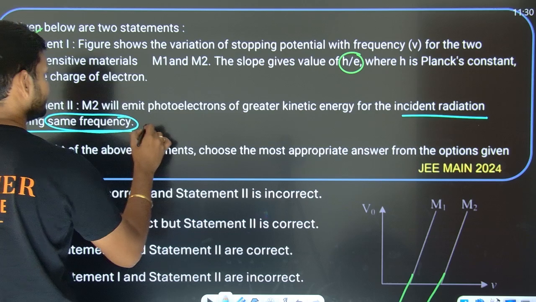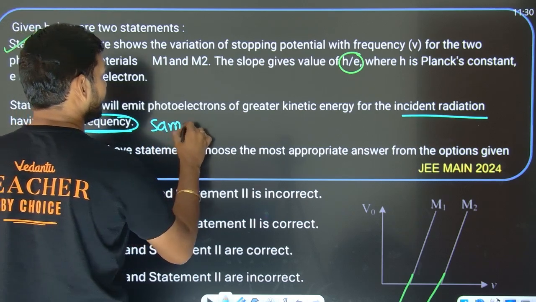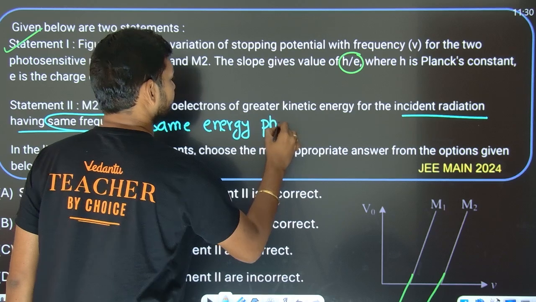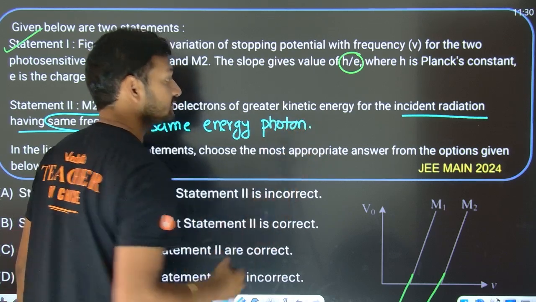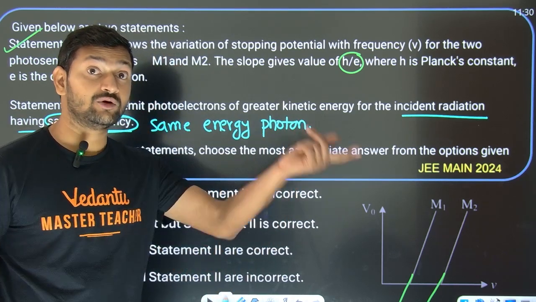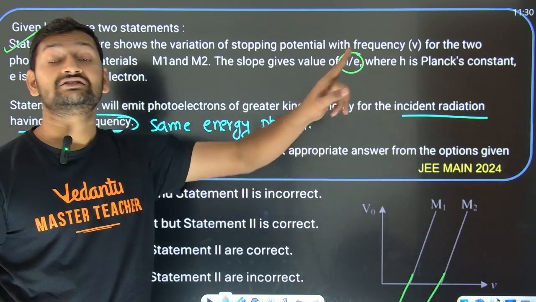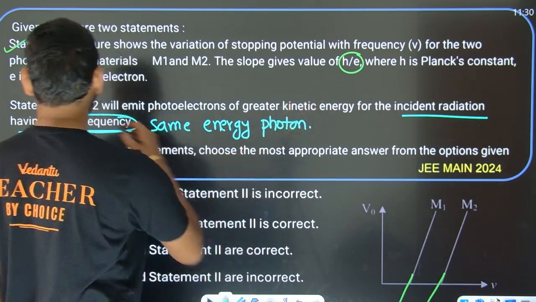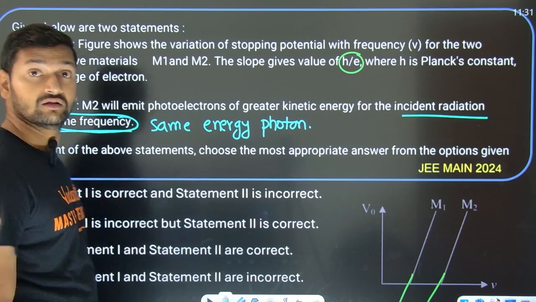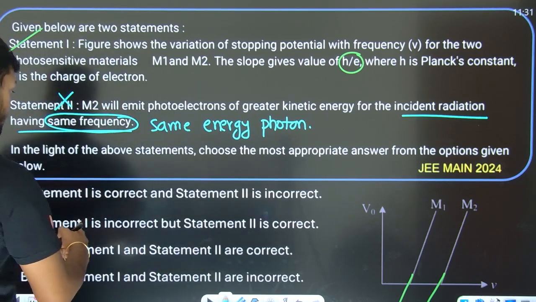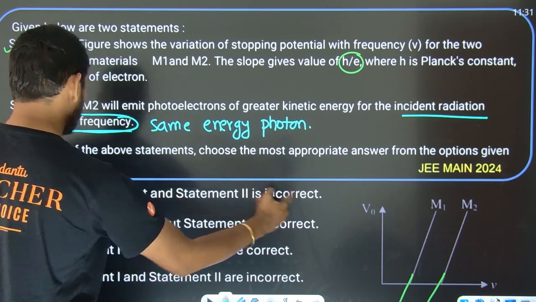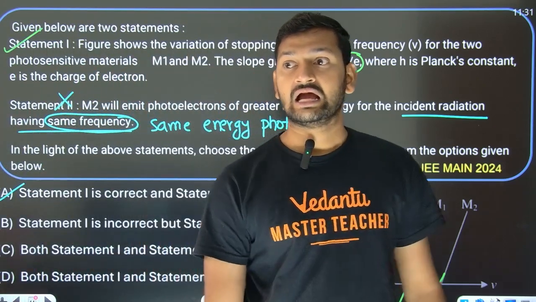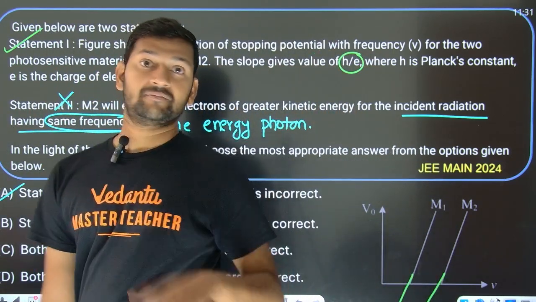Same frequency means same energy photon is striking. So if same energy photon is striking both of them, whichever has more work function will have less kinetic energy. But they gave more. That means statement 2 is wrong. So statement 1 is correct and statement 2 is incorrect. So the answer for this question is A.